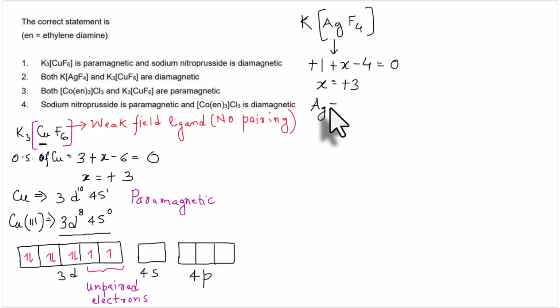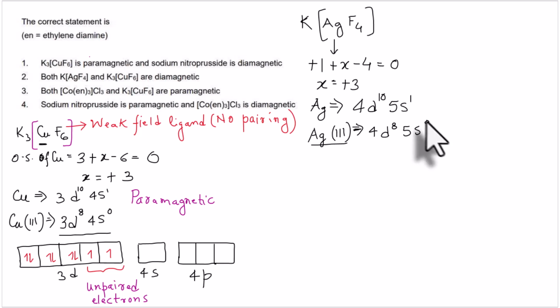Now what is the valence electronic configuration of silver? Just like copper, if you remember the periodic table, silver is the second last element of the 4d transition series. So the valence electronic configuration is 4d10 5s1. And just like copper in the previous case, silver plus 3 becomes 4d8 5s0.